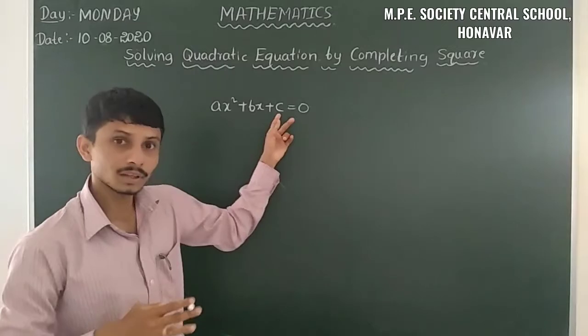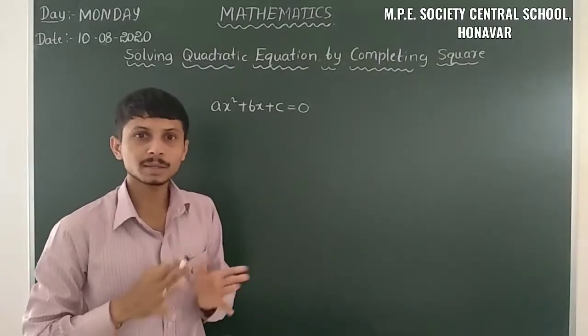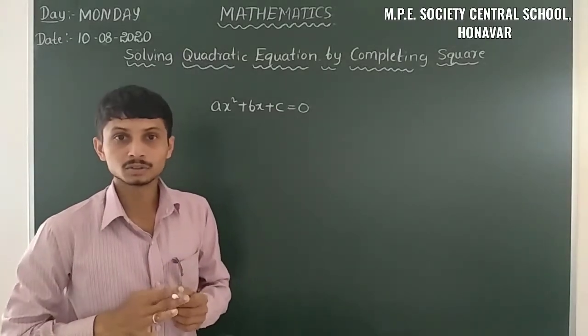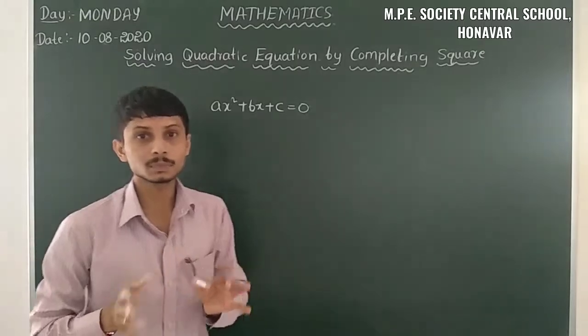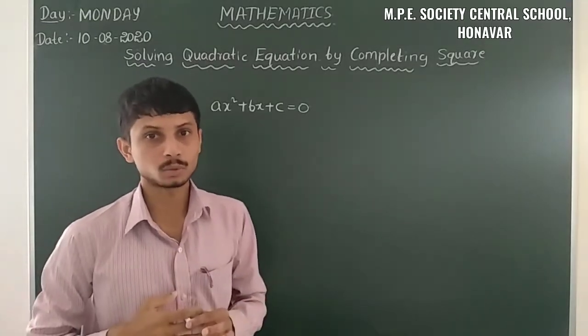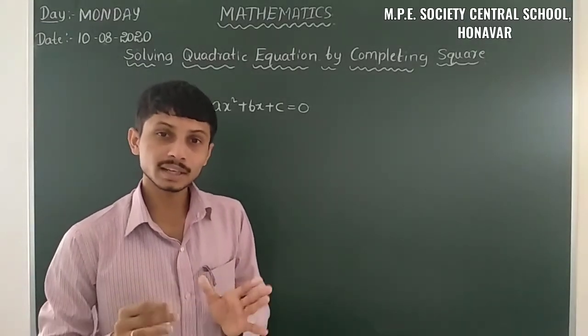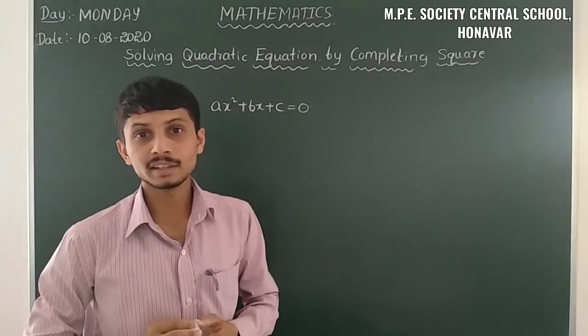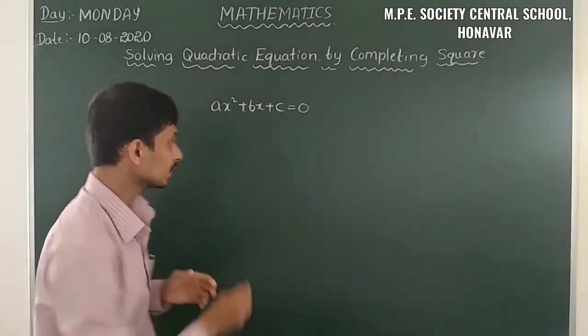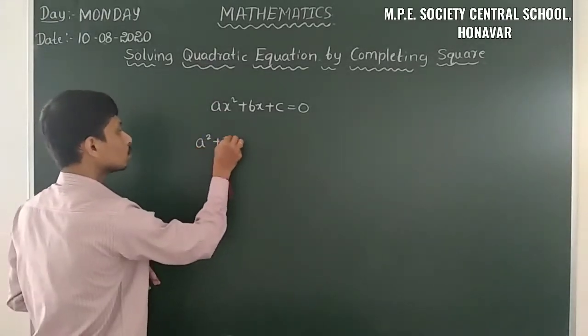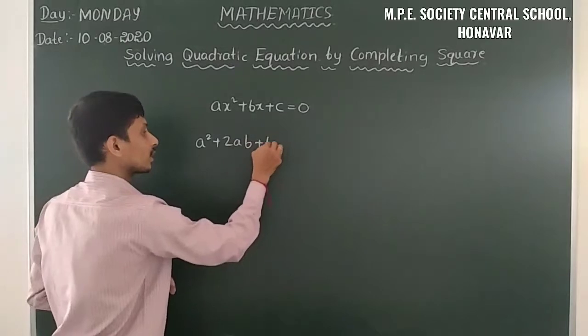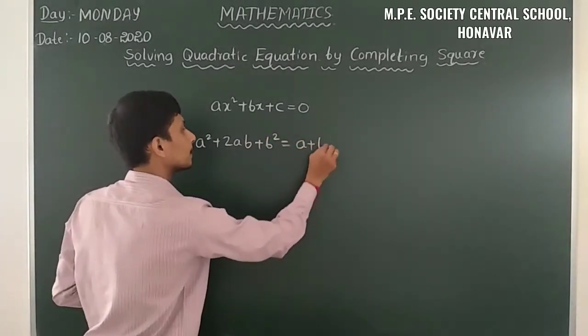So again, when the c is a perfect square, it becomes completing square type. Then we can write it as a plus b whole square. Here we are taking one of the algebraic identities, that is a square plus 2ab plus b square is equal to a plus b whole square.